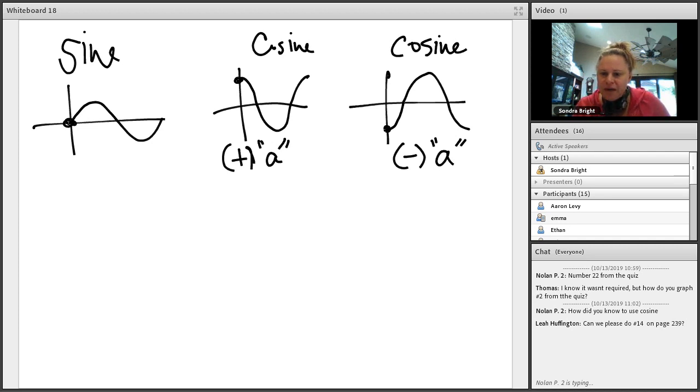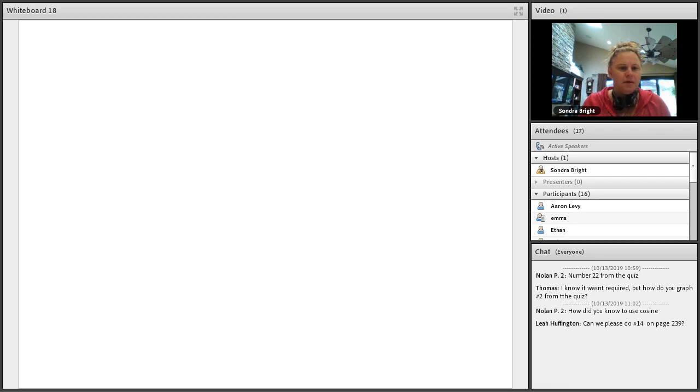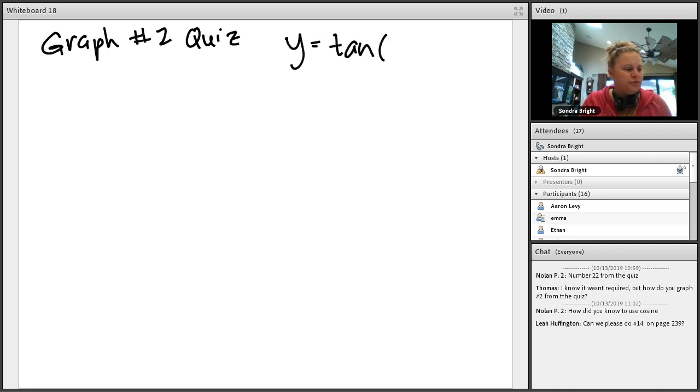How do you graph number 2 from the quiz? Okay, so graphing 2 from the quiz was y equals tangent of 2x minus pi, minus 2.